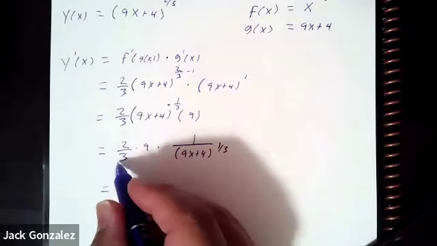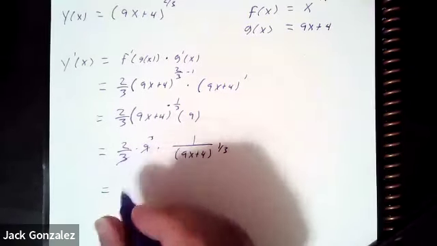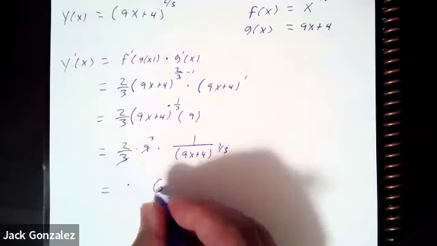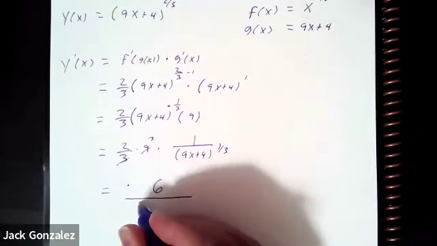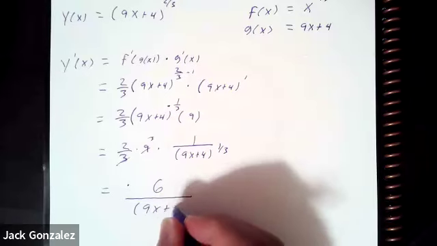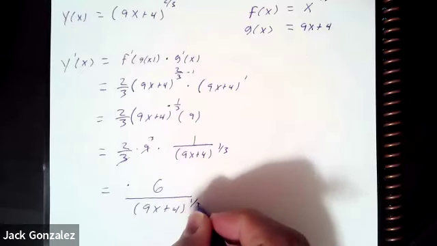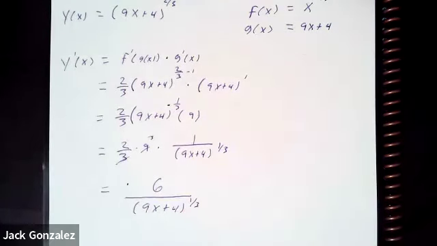So this will cancel, leaving me with a 3. 2 times 3 is 6. So I'll be left with 6 over this. There we go. Do you have any questions on the second example?